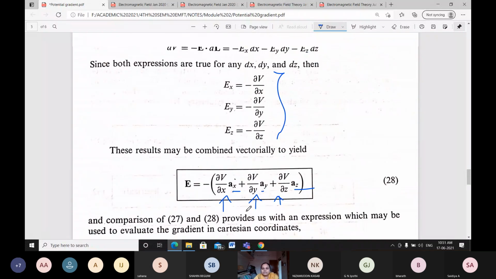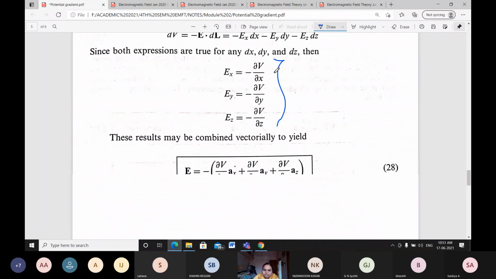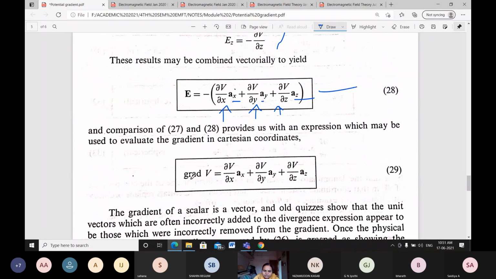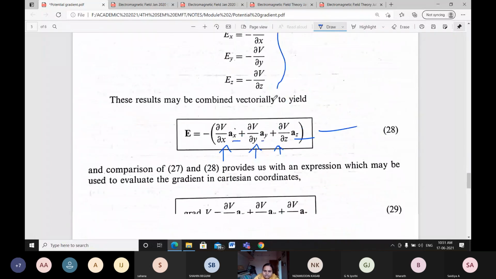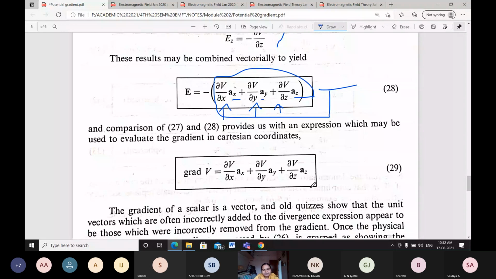Then comparing this with E equals minus grad V, with respect to the equation we obtained now, I can write grad of V equals dou V by dou x ax plus dou V by dou y ay plus dou V by dou z az.